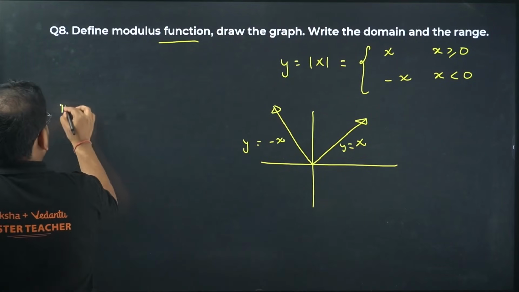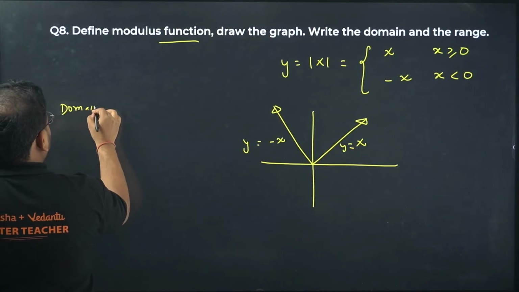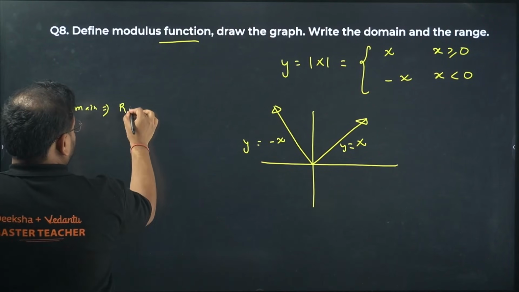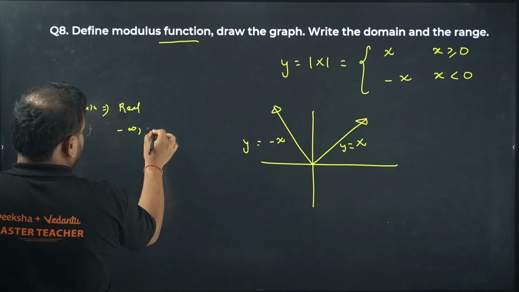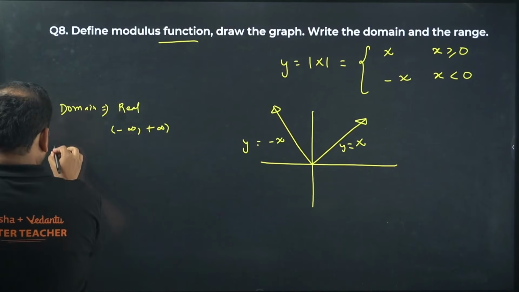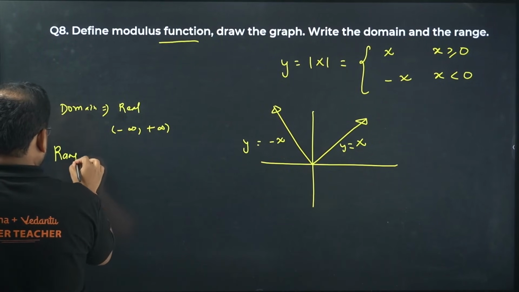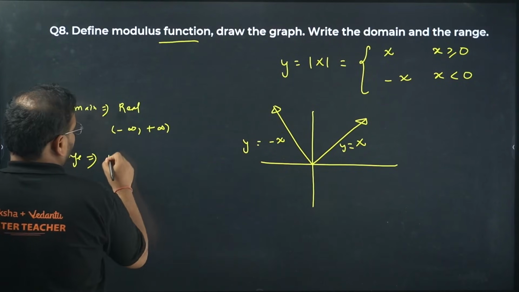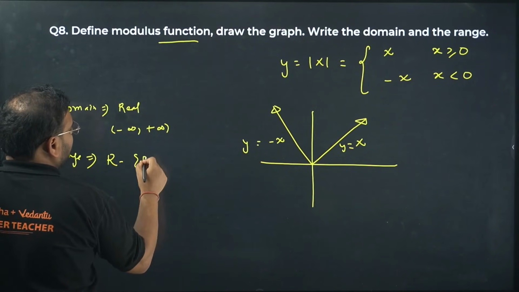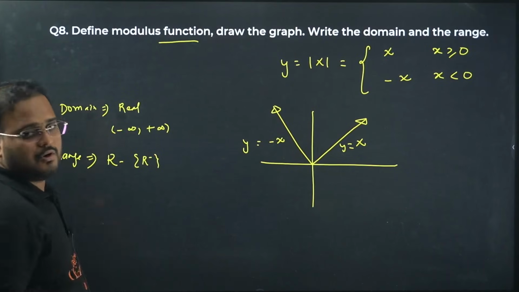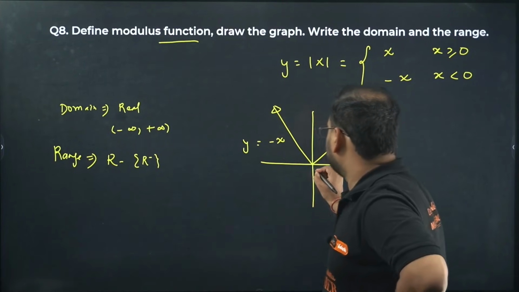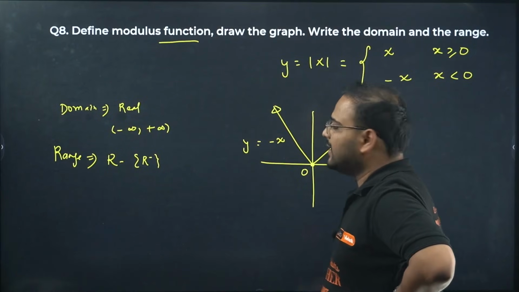Domain you check. Domain is all real numbers. What about range? Range will be all real numbers, remove the negative real numbers. 0 will be there.